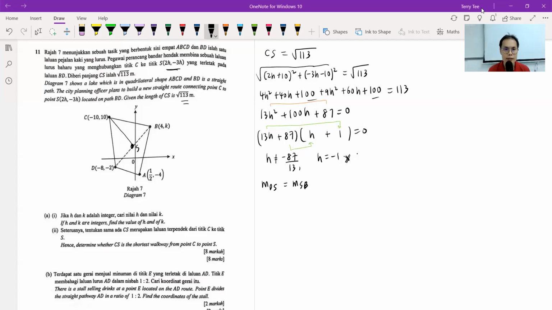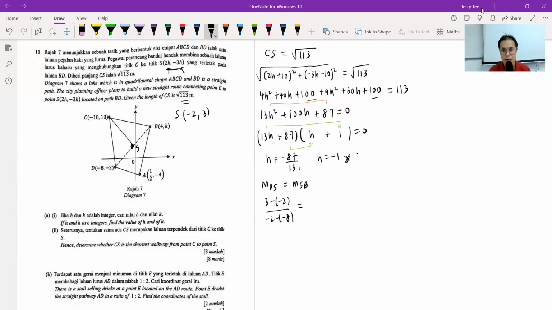All right, now that I know S, you have coordinate of h equals -1. If I put -1 here, this is -2. If I put -1 inside here, I get +3. So S has coordinate (-2, 3). So D, we already know. Your gradient will be, let's say we use y2 minus y1, 5 over 6, and then x2 minus x1.